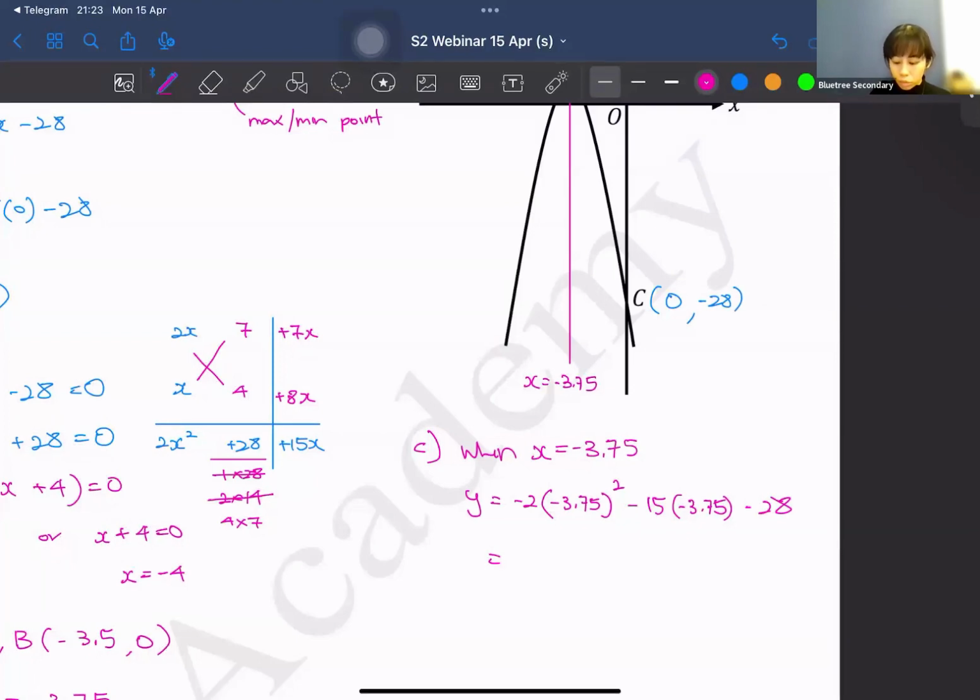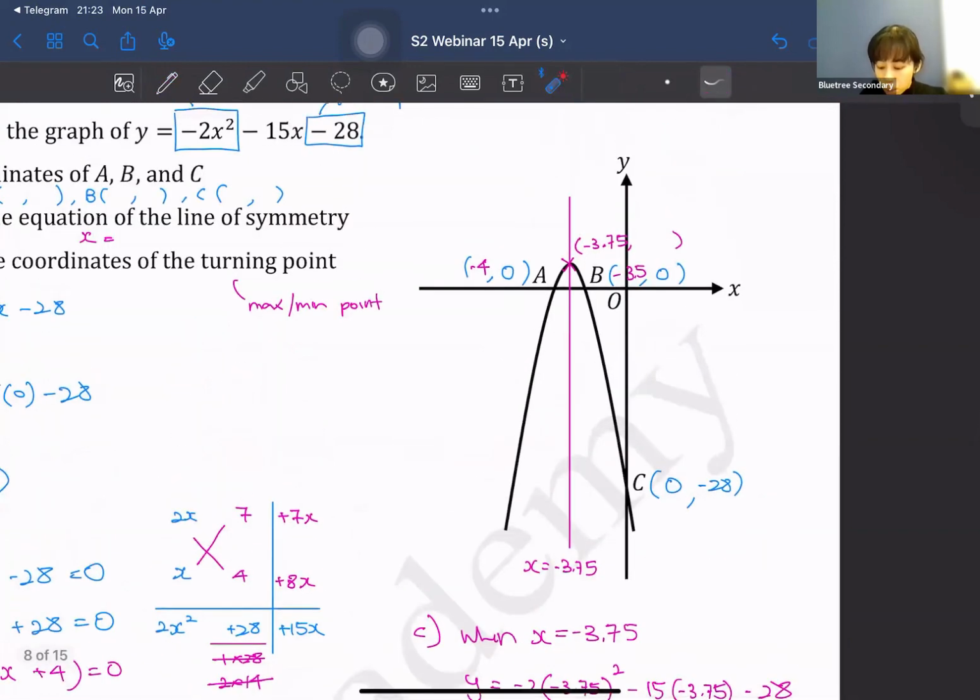And the calculator will give you 0.125. Do a sanity check. You have a positive value of y over here. My y coordinate for the turning point is on the positive side of my y number line, so it should be correct in that case. If your sign is wrong, that means to say for sure wrong.